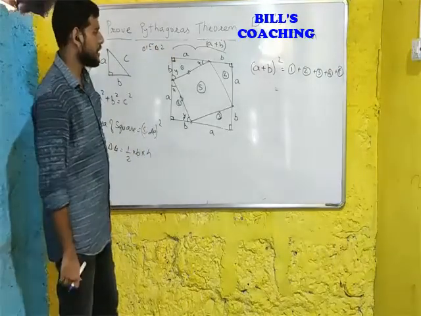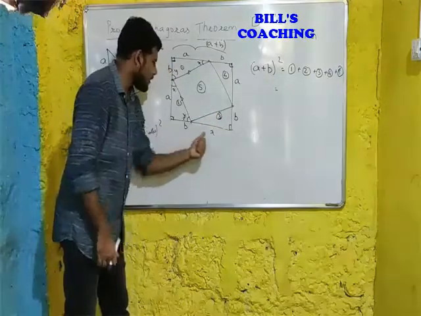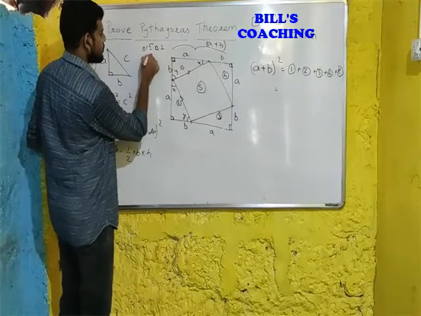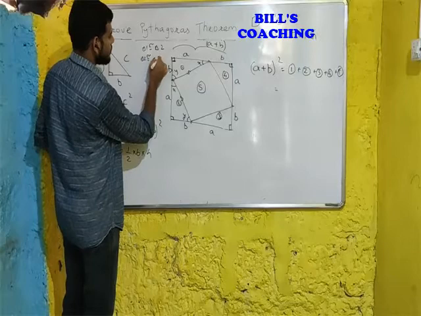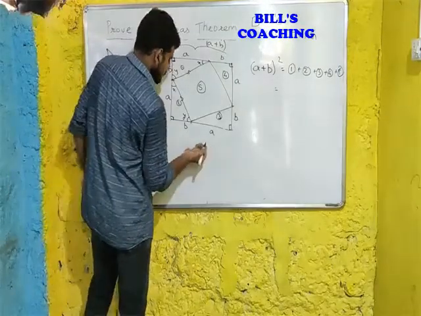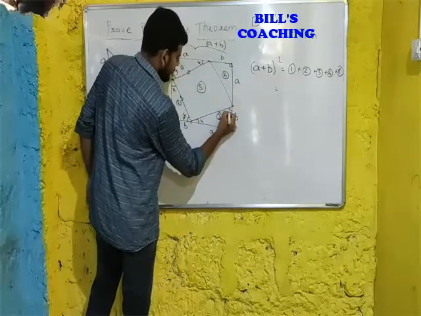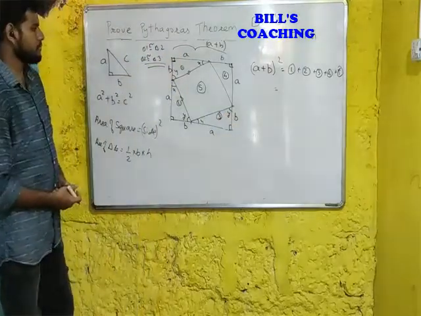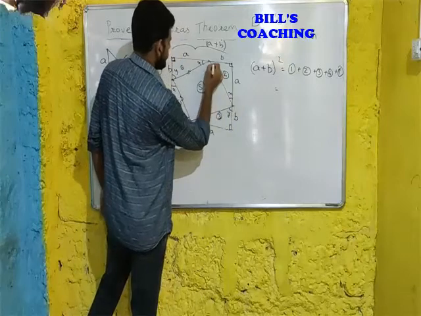Similarly, we can say that triangle 2 is congruent to triangle 3 because two sides are equal and one angle is 90 degree. So triangle 1 is congruent to triangle 2 is congruent to triangle 3. Actually, all triangles are equal. So this is X, this will become Y definitely. Similarly, this is X, and this is fine.